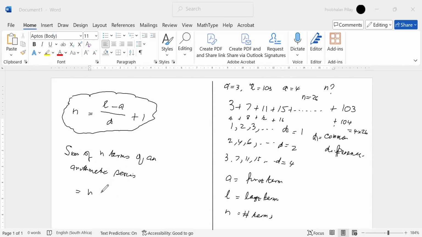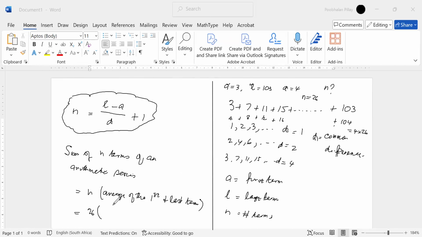It's equal to n times the average of the first and the last terms. The sum of n terms of an arithmetic series is n multiplied by the average of the first and the last term. So in this example here, n is equal to 26, we calculated.